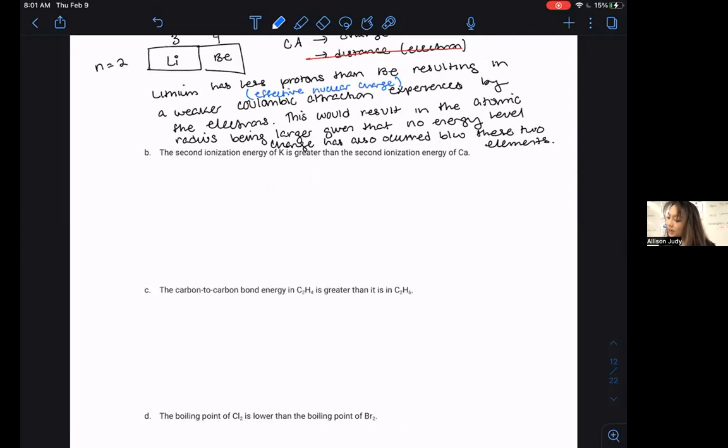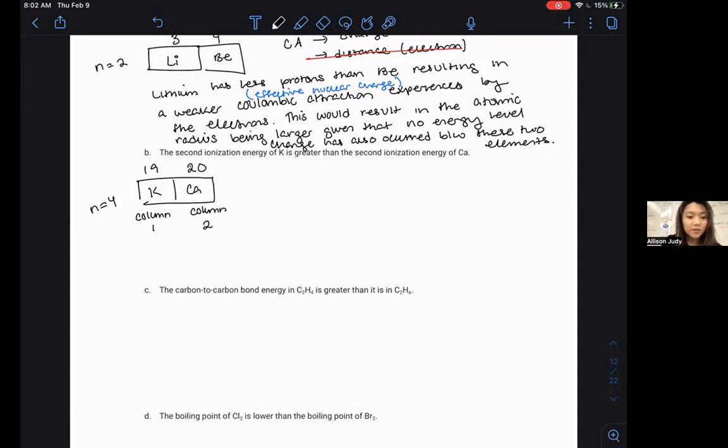So B, the second ionization energy of K is greater than the second ionization energy of calcium. Okay, so explain this. So K and calcium are similar to lithium and beryllium in terms of they're both in row 4, but potassium has a 19 proton count, calcium has a 20 proton count, and this is in column 1, and this is in column 2 on the periodic table.